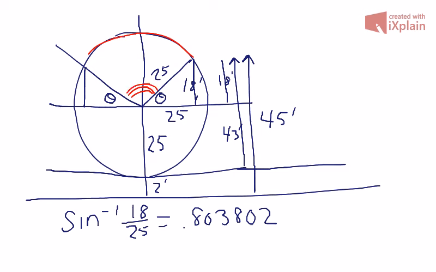So actually this is the amount of distance that they are above 45 feet, and that would be half of the circle minus 2 thetas.